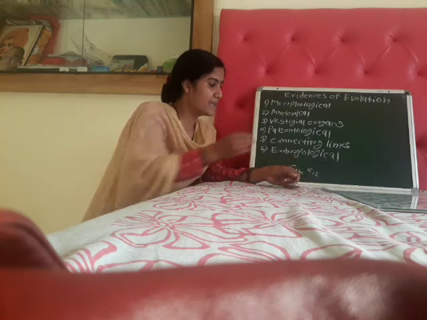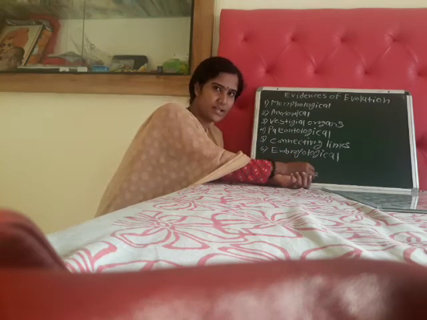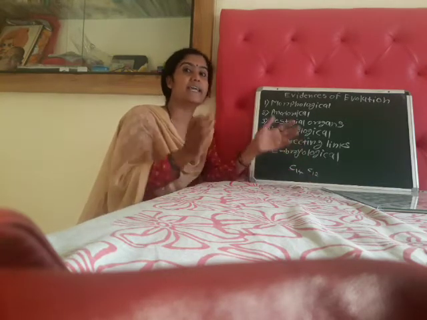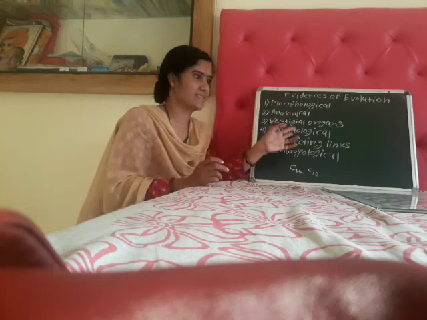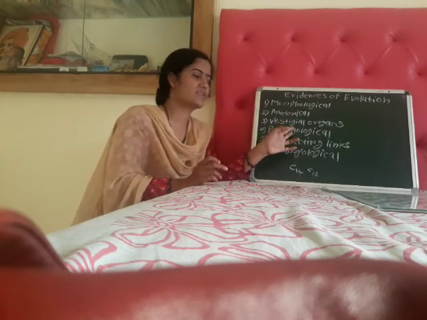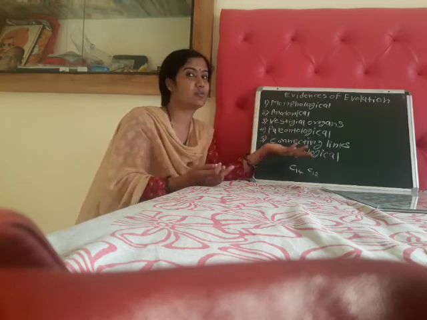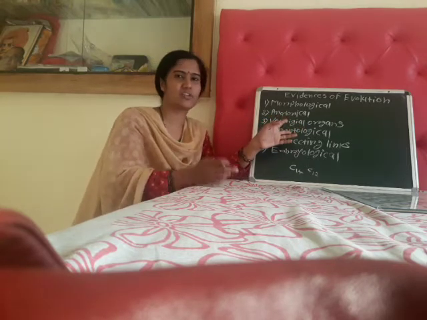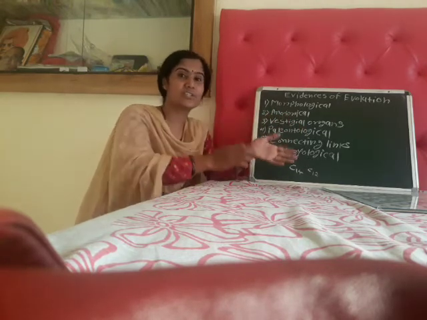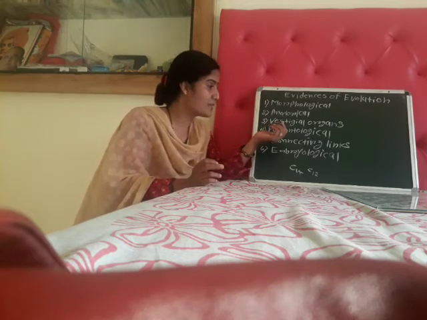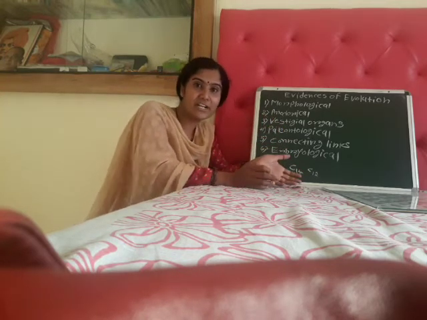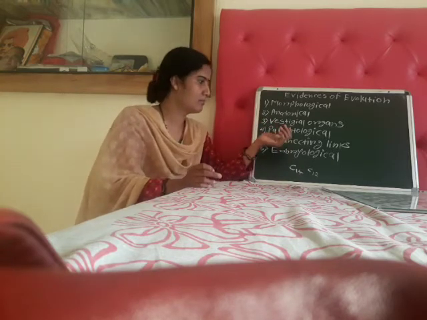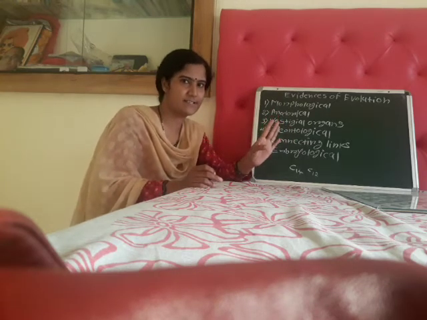On the basis of the ratio of C14 and C12, we can determine the age of the fossils. On the basis of paleontological evidences, firstly invertebrates were formed, and then vertebrates developed. Okay.